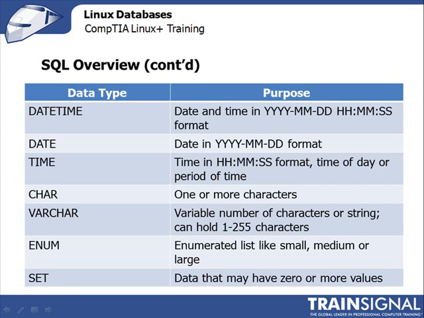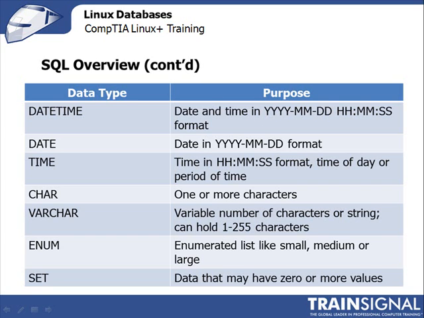The next is char, which stores 1 or more characters. And then you have varchar, which stores a variable number of characters or strings. This can hold between 1 and 255 characters. Varchar is usually the wiser choice over char, due to its variable length format.